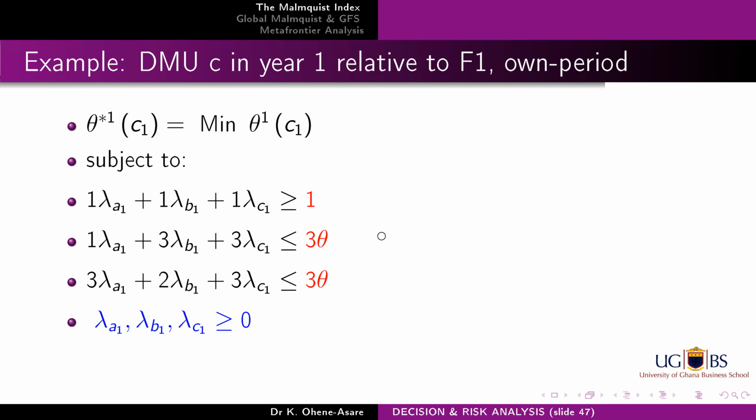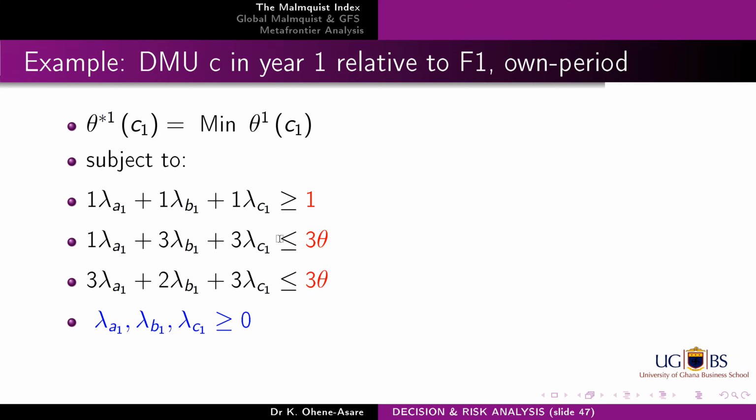Once you've done this, you can add your non-negativity constraint, which is this one there. In other words, the lambdas must be non-negative. If you were doing VRS, you have to add a VRS constraint: lambda 1, lambda 2, lambda 3, all of them added together should be equal to 1. So this is how you formulate the input-oriented one.